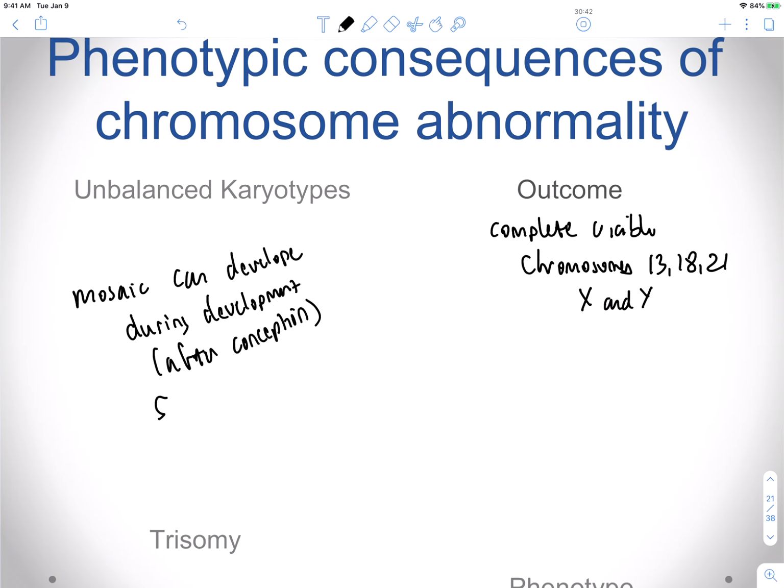And so, again, some cells will be normal, and then some will come from the trisomy, and so this will be a mosaic.